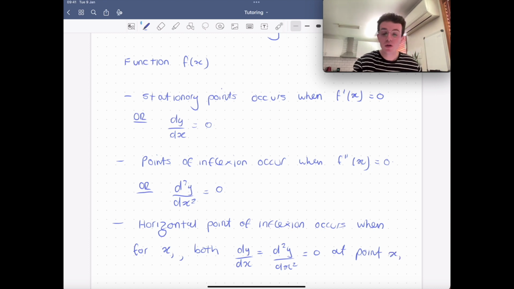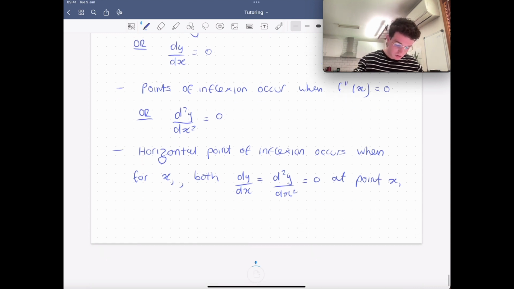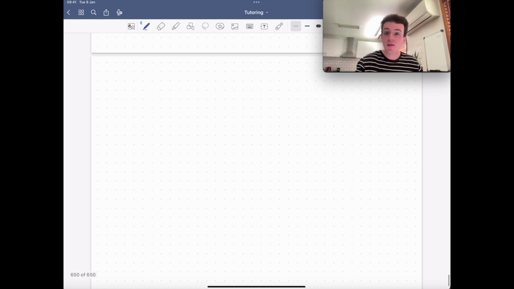So a horizontal point of inflection is when both the first and second derivative are equal to 0 at a particular point. I'm going to draw a function now, and I'm going to label its stationary points, its points of inflection, and also we'll see if it has a horizontal point of inflection.